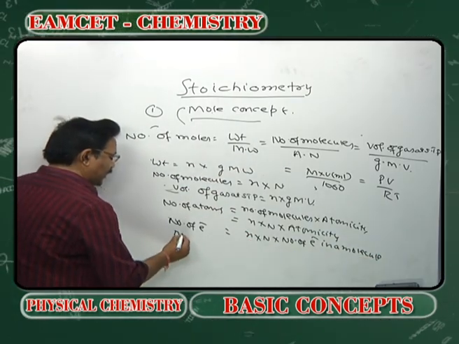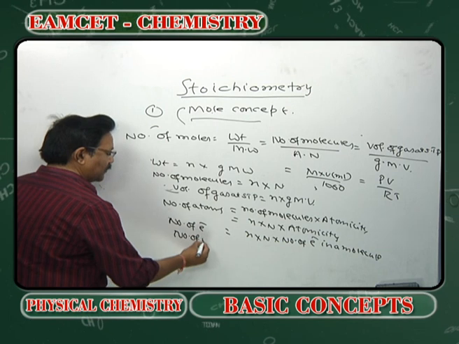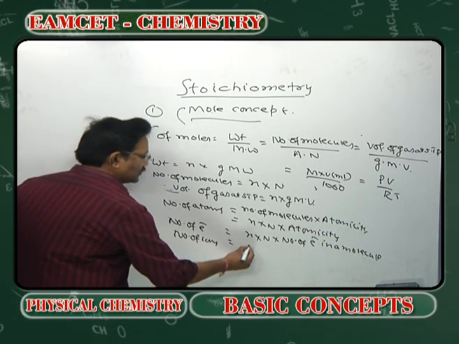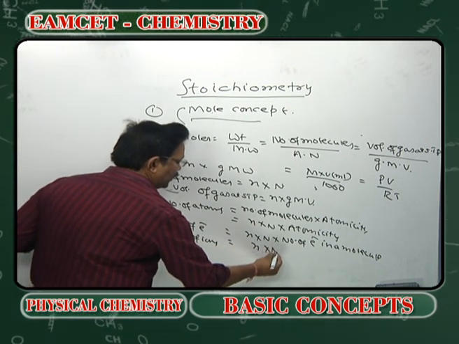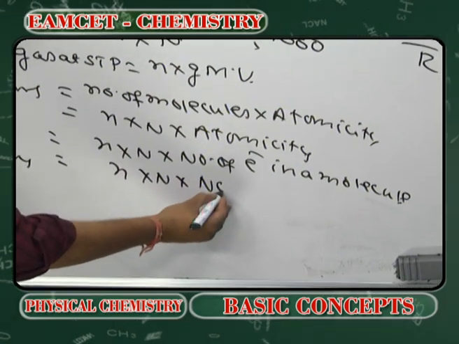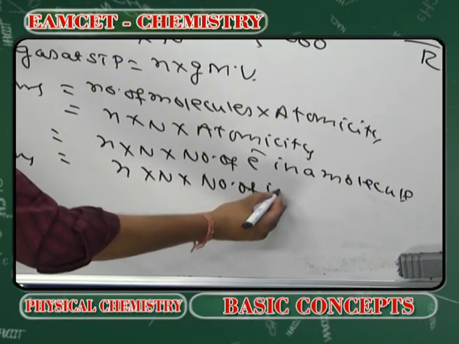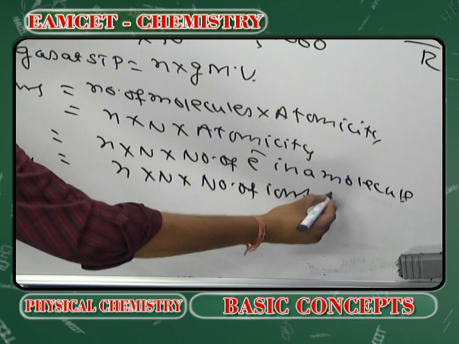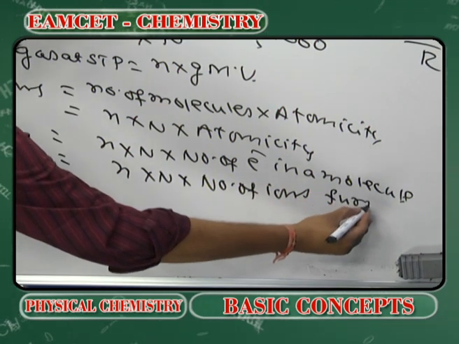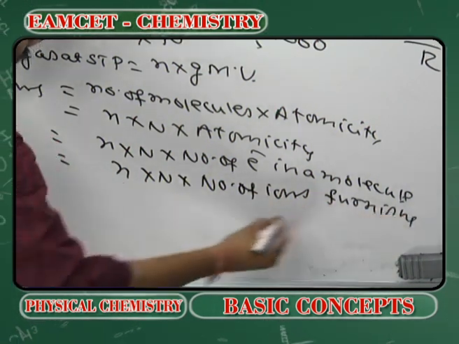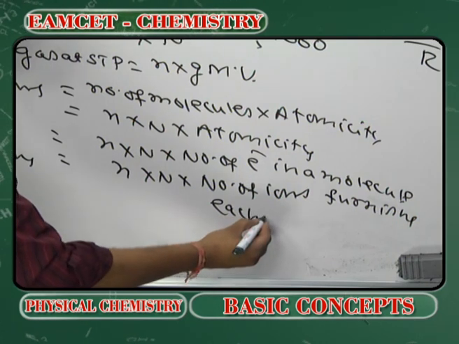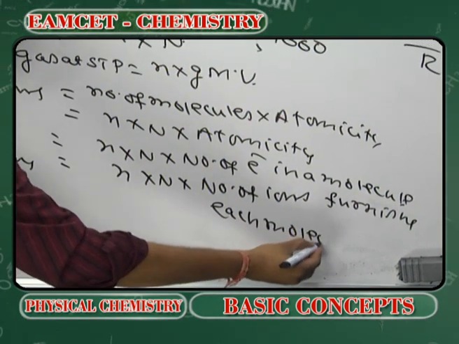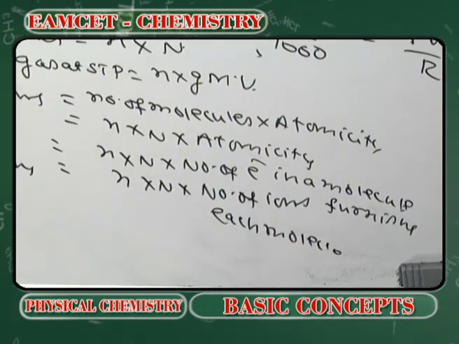Next, number of ions is equal to small n into capital N into the number of ions furnished by each molecule. In all these formulas, what is the common point?